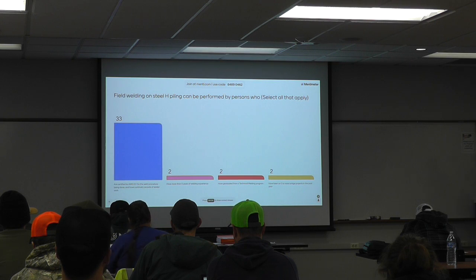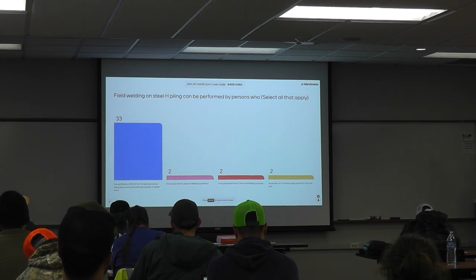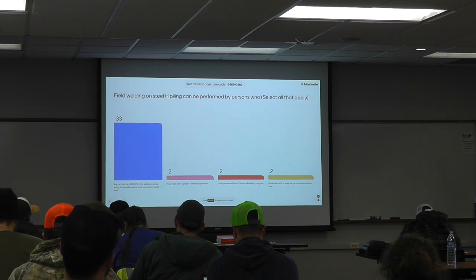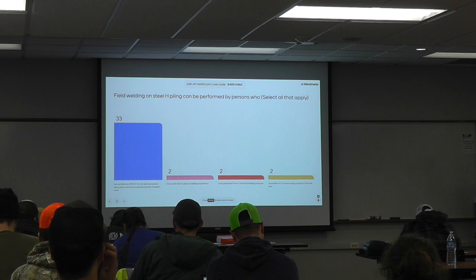Field welding on steel H-piling can be performed by persons who... So the first one is certified by AWS D1.1. That is correct. They do need to be certified by AWS D1.1. That is really the only requirement that we have.